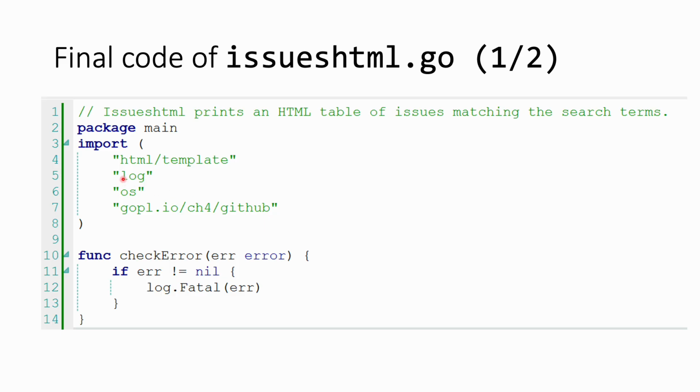So here we also import the log package because we use the log.Fatal function to handle the error, and we also use the os package to get the argument from the command line. And then at the package level, we also define the checkError function as in the issues.go program.